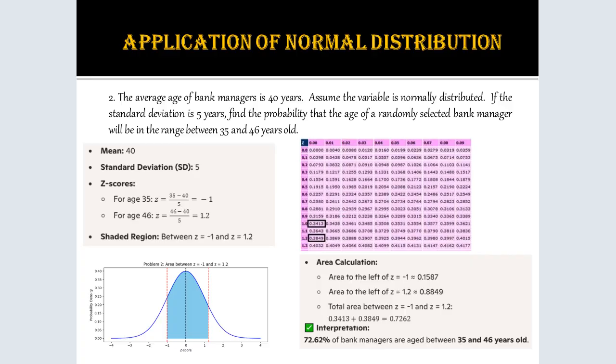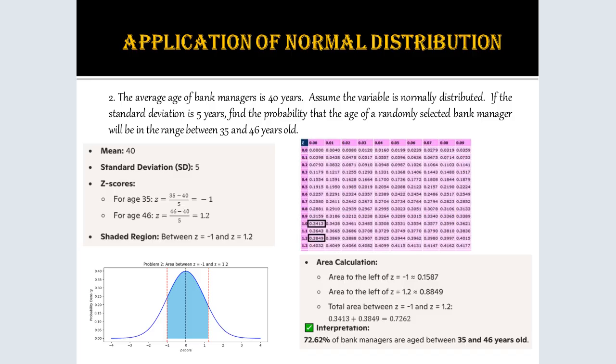So let's have another example. The average age of bank managers is 40 years. Assume the variable is normally distributed. If the standard deviation is 5 years, find the probability that the age of a randomly selected bank manager will be in the range between 35 and 46 years old.